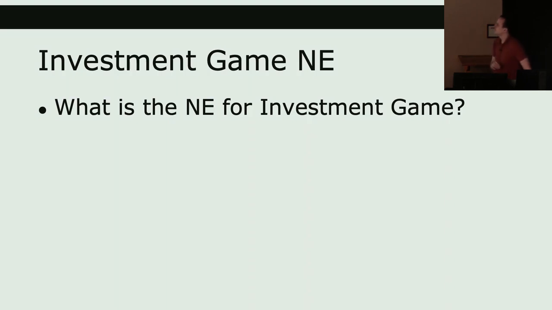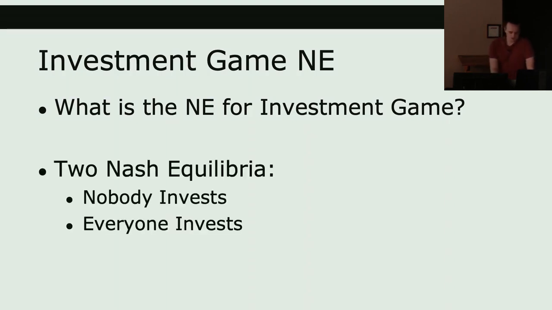Think about this. What if nobody invested? If nobody invested, and a single player had chosen to invest, would they do better? They can't do better because all of a sudden they're out $100, where they would have been out $0.